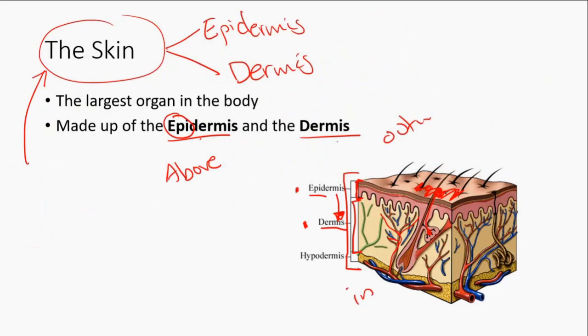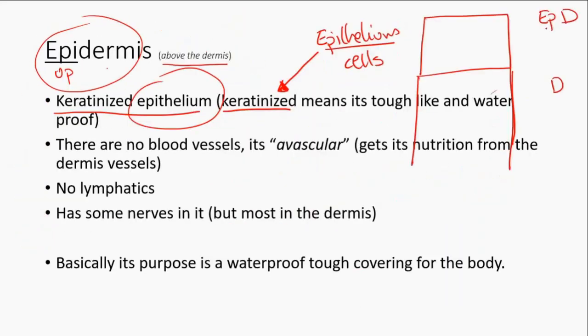Okay, so the way that the epidermis is made is that at the bottom you have these basal cells, and they're like stem cells. They continuously reproduce.